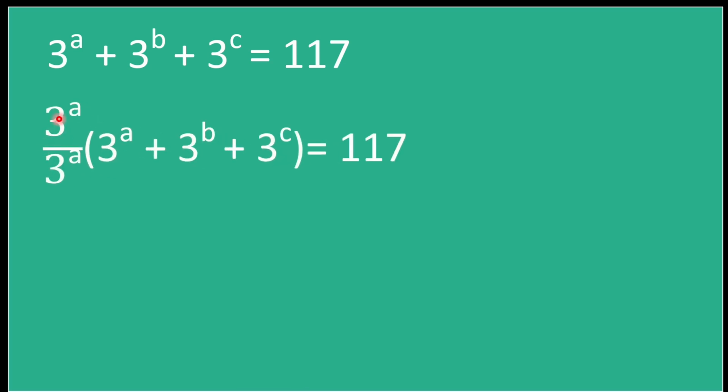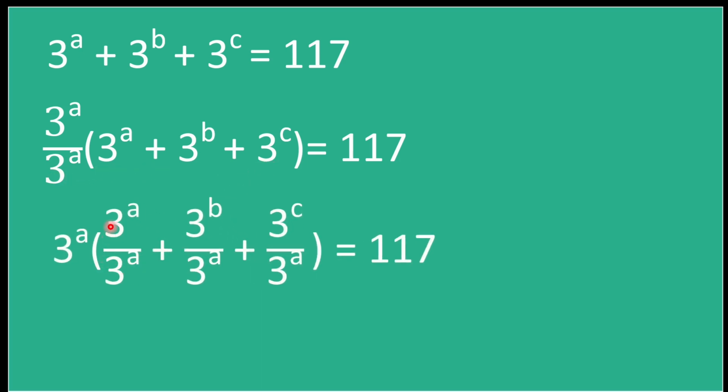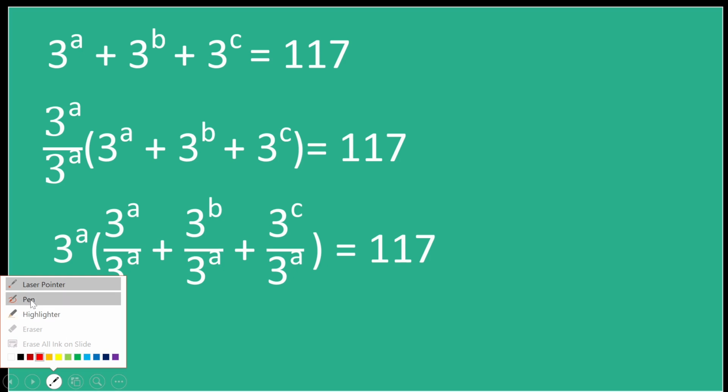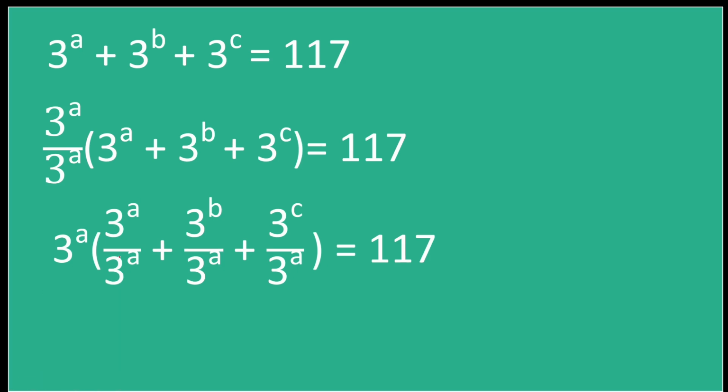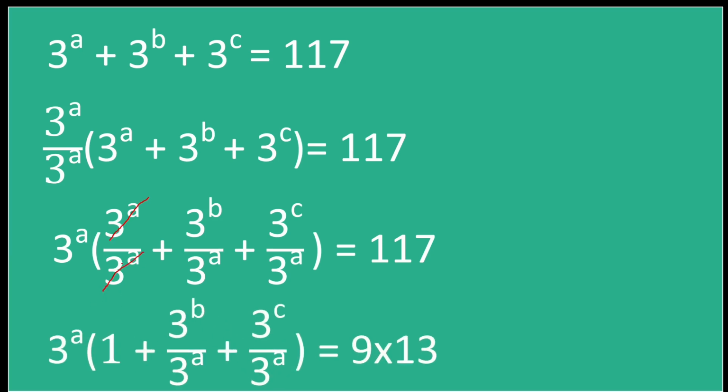So now we have multiplied and divided by 3^a on the left side of the equation. Now we will write this 3^a below each of these terms like this, and then this 3^a divided by 3^a will cancel one another, and this will become 1.